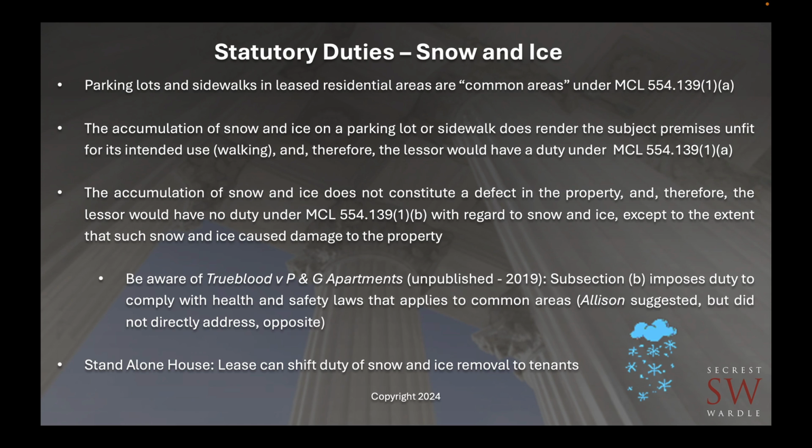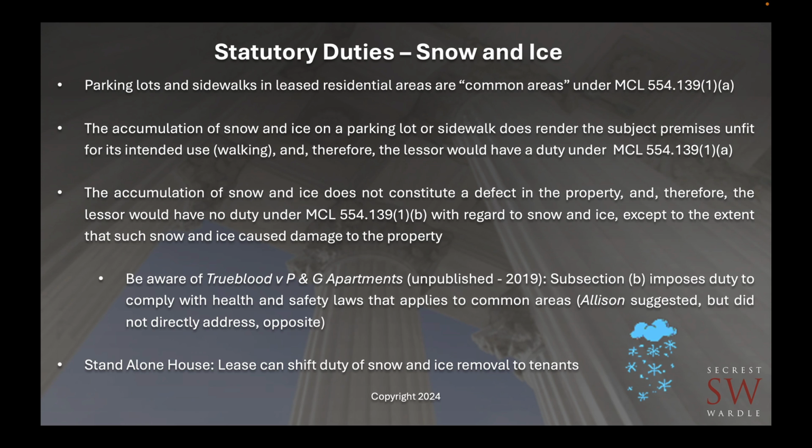Something to consider here. There's an unpublished Court of Appeals case involving a slip and fall on snow and ice. This is under the case True Blood v. P&G Apartments from 2019. And this discussed the separate and distinct duties owed under the Landlord-Tenant Act.